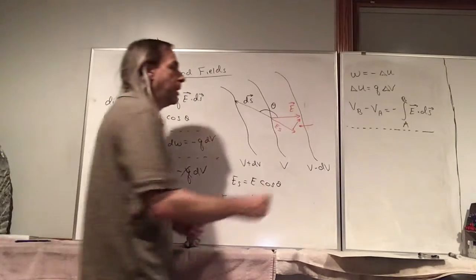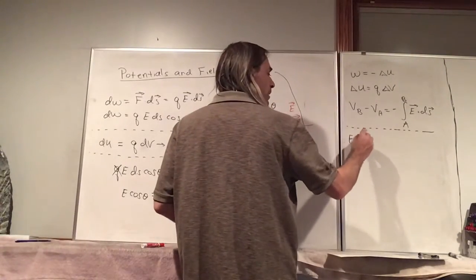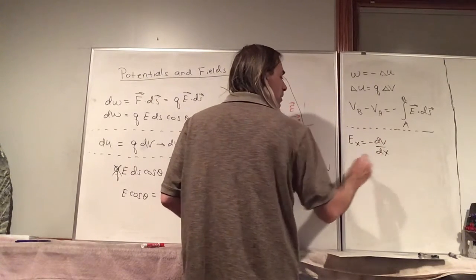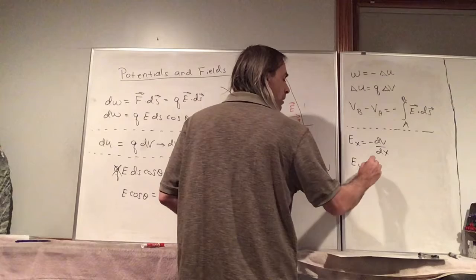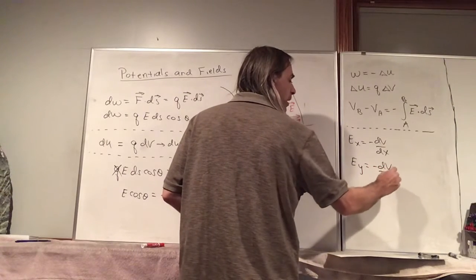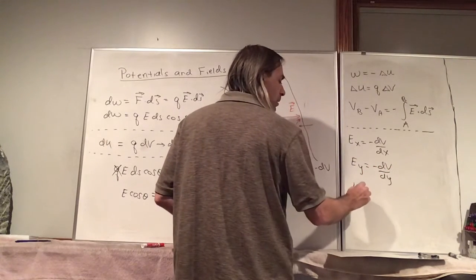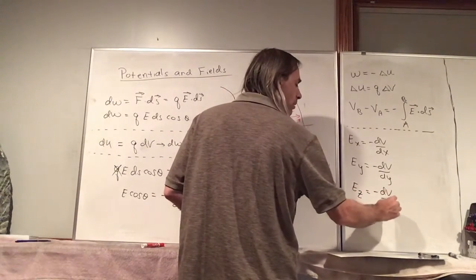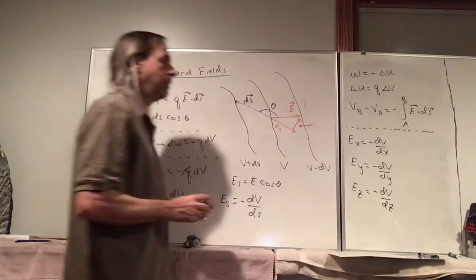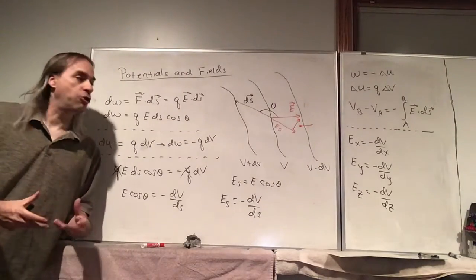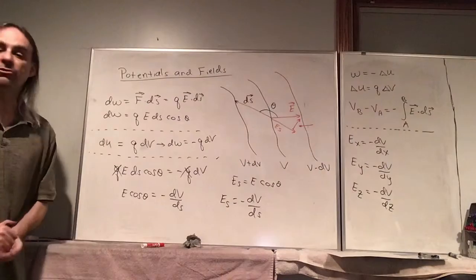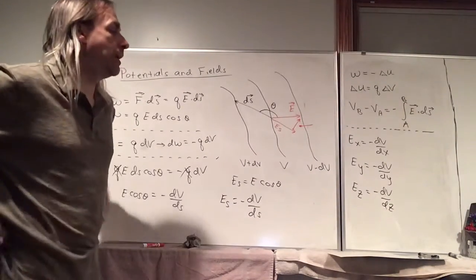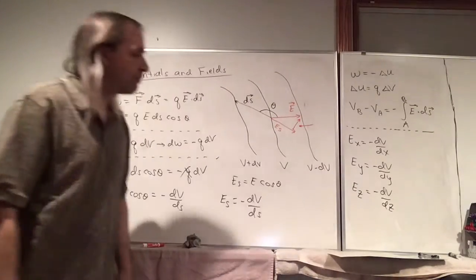In Cartesian coordinates, we can say that E_x is minus dV dx, and E_y is minus dV dy, and E_z is minus dV dz. So again, if you know the potential in a region, you know the electric field everywhere in that region. You can get it just from taking derivatives.